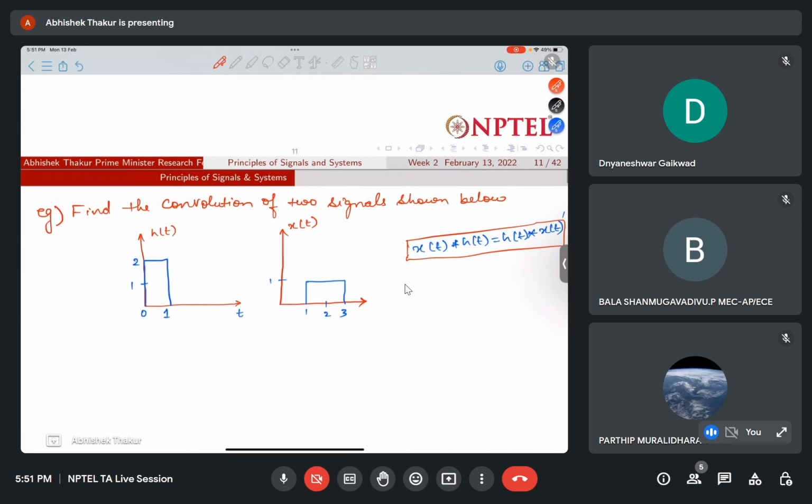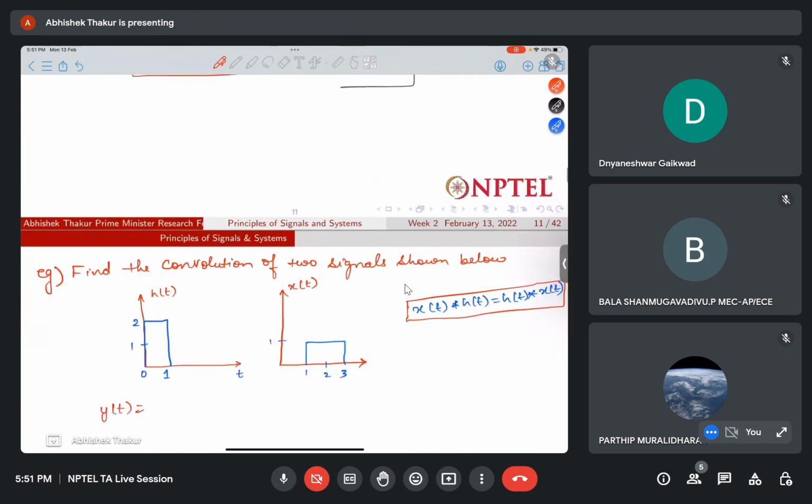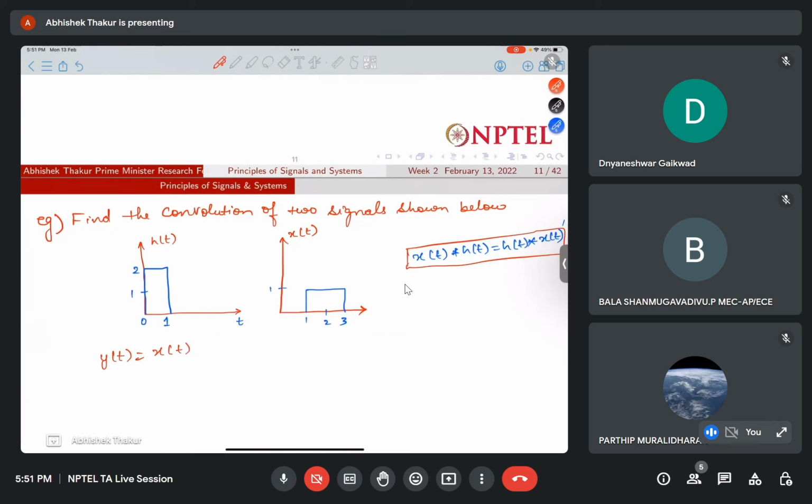We know that the convolution yt is equal to xt convolution ht, that is equal to the integral from minus infinity to infinity of x tau h t minus tau d tau.